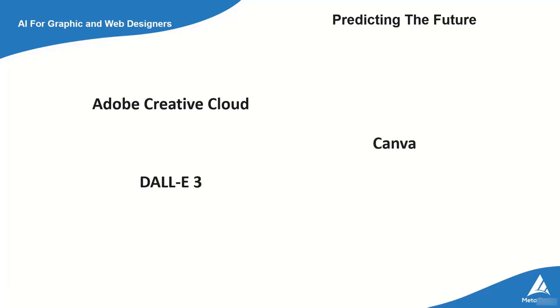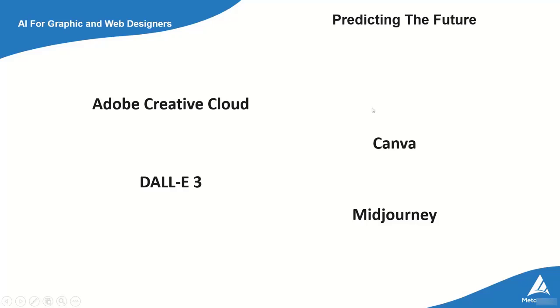Canva. Canva is a popular online design platform that offers a variety of AI-powered tools such as AI-powered image resizing, AI-powered font pairing, and AI-powered color palette generation. DALL-E 3. DALL-E 3 is a powerful AI-powered image generation tool that can create realistic images from text descriptions.